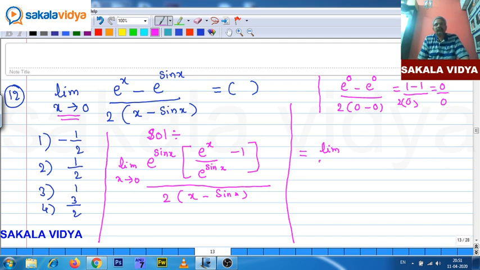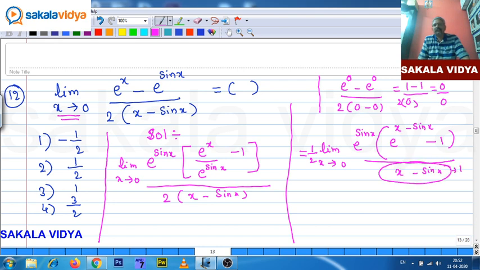The next step we get like this now: limit x approaches to 0, e power sin x into, this we can write a to the power of m by a to the power of n, a to the power of m minus n, e to the power of x minus sin x minus 1 by 1 by 2 take common, no problem, this 2 is taken common out, constant, x minus sin x. Suppose you say this is t, that means e power t minus 1 by t, this is 1, e power sin 0 is 1.